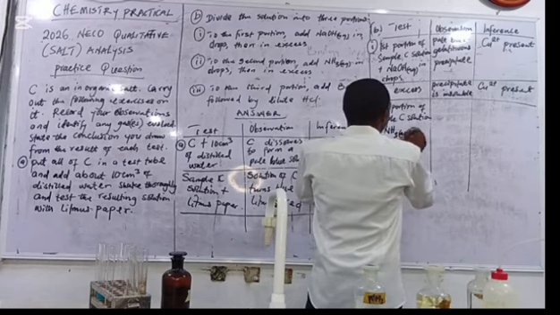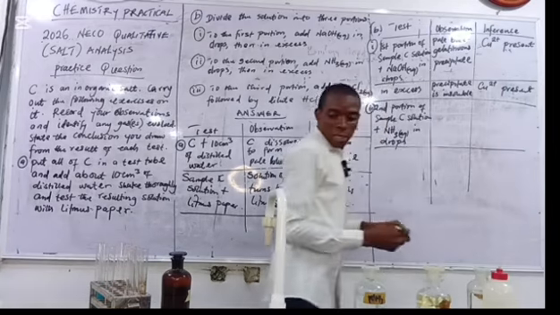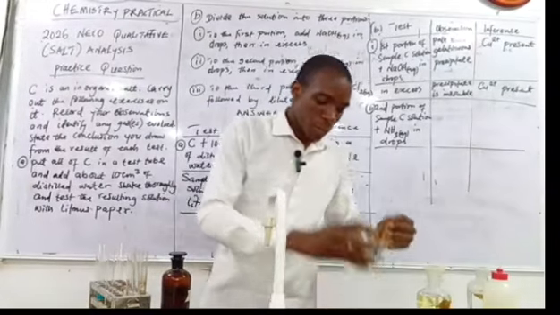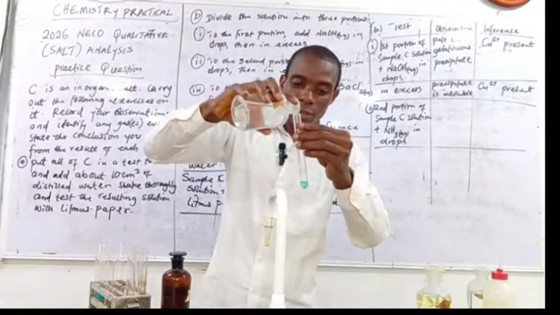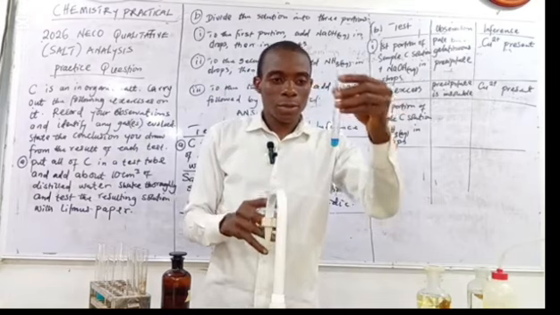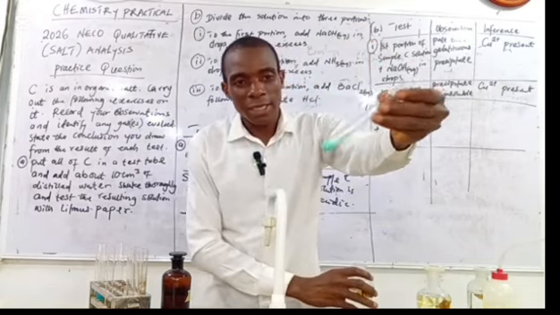Portion of sample C solution plus aqueous ammonia in drops. Okay, so let's do the test and see what we will observe. So we have just drops. Make sure it is in drops. Okay, you see that?